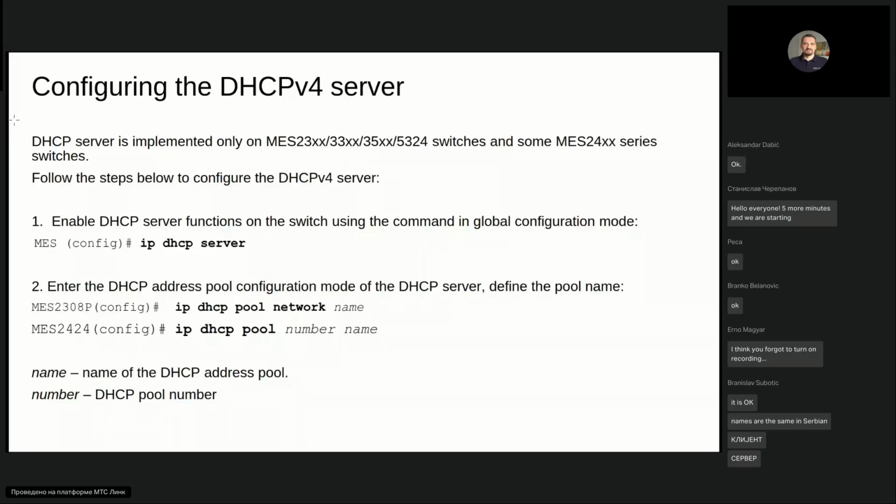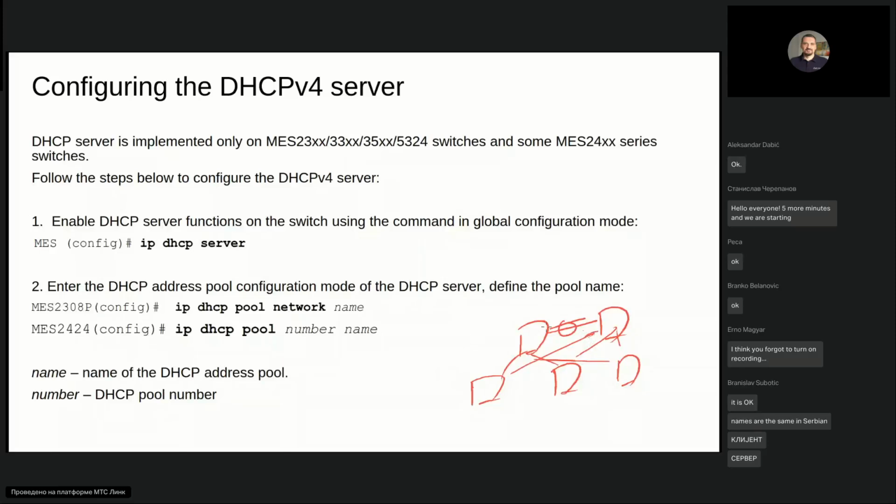So our switches, not all of them, of course, but some of them, support the DHCP server functionality. So where should it be configured? We have the access switches and the distribution switches.